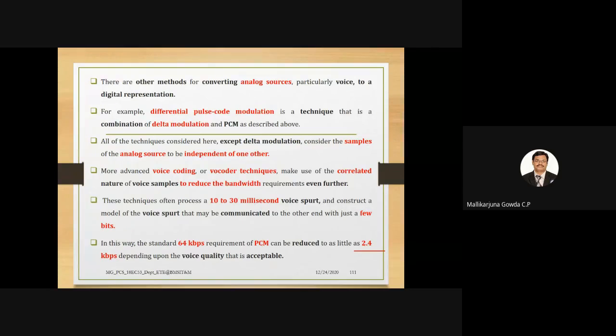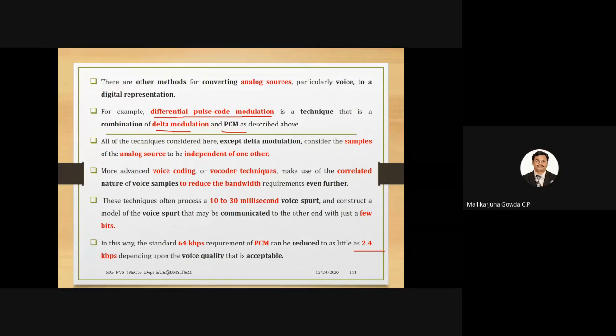So this is about differential pulse code modulation and so on. In addition to PCM, we can even go for differential pulse code modulation, which is a combination of delta modulation and PCM. Anyway, we are not discussing differential pulse code modulation, or even adaptive differential pulse code modulation, which is the next version of that.